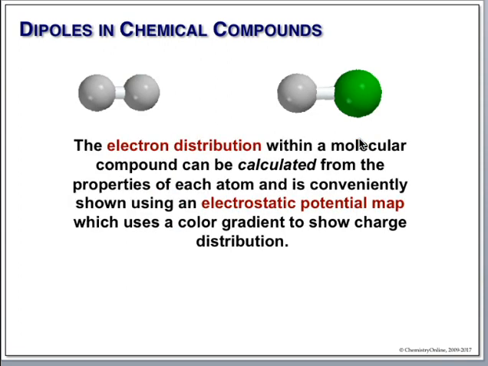If we want to know about the electron distribution between these atoms, we can run a computer program and calculate what's called an electrostatic potential map. The electrostatic potential map basically describes the electrons surrounding the atoms.